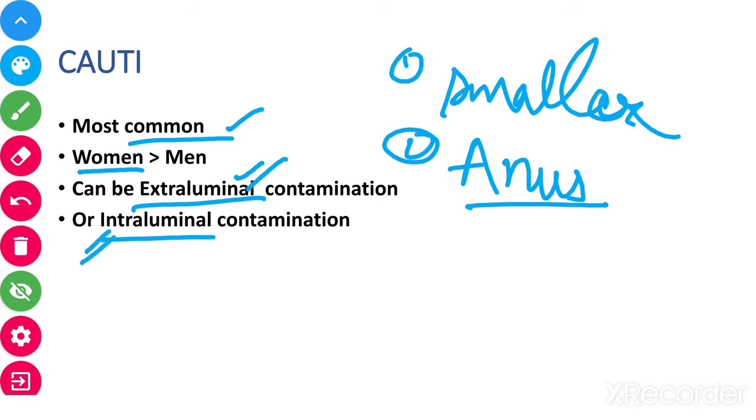And intraluminal means the bacteria ascend from a contaminated catheter, drainage tube and urine drainage bag. So here the source of contamination is the catheter itself or drainage tube or urine drainage bag.